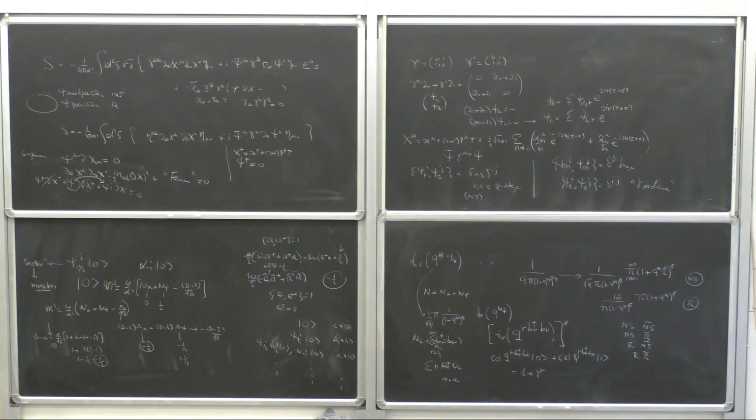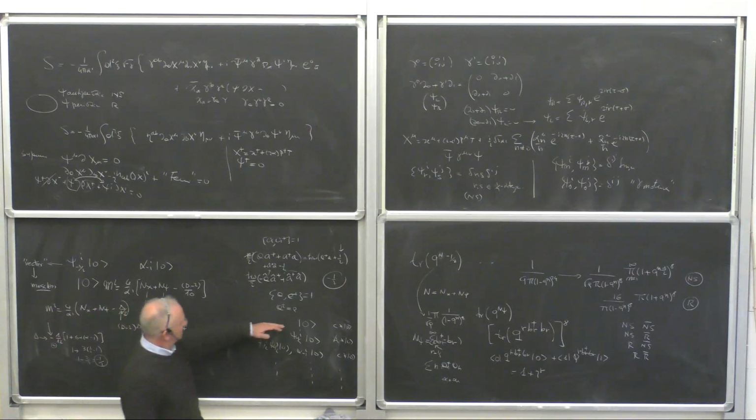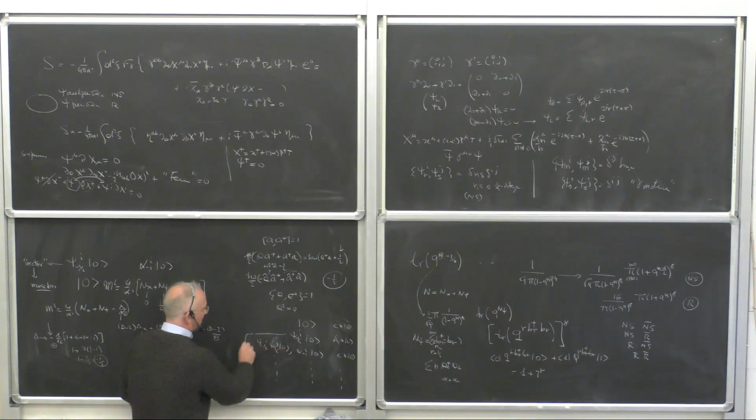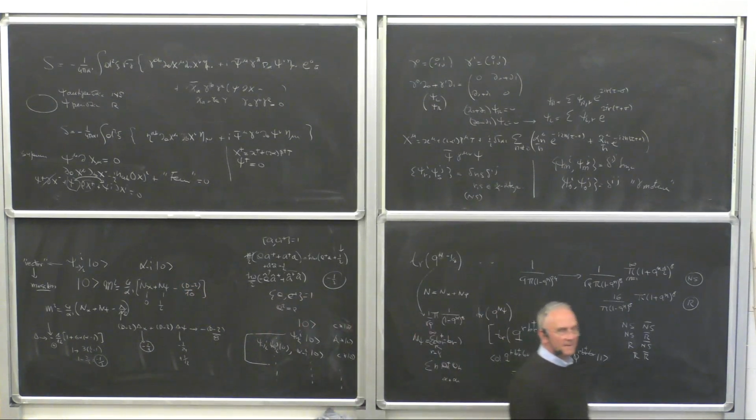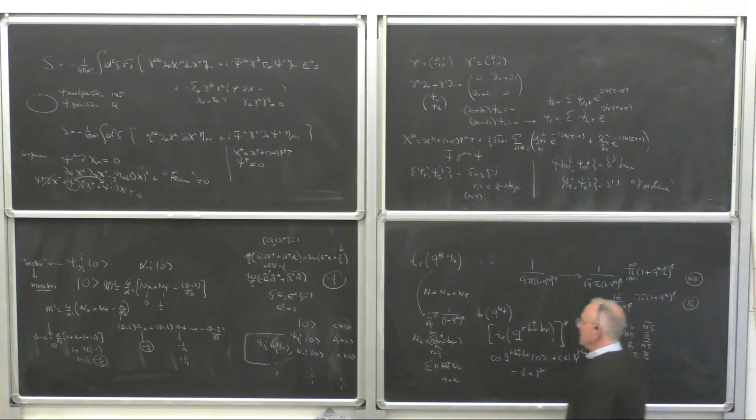In a more complicated context, you will be able to retain this state and this state, but Gliozzi, Scherk, and Olive said to retain this and the other ones. And the reason why they did that is because this choice of projection eliminates the tachyon. Okay?